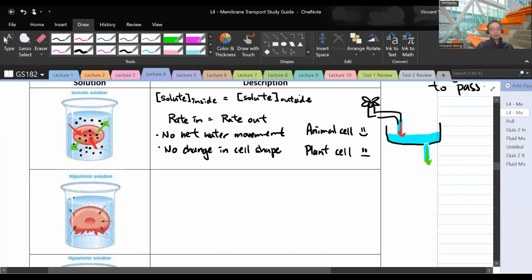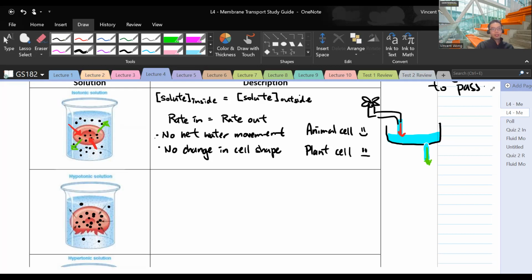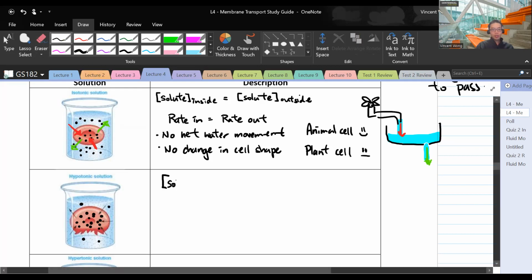The next one shows a hypotonic solution where there is higher solute on the inside compared to outside. More black dots on the inside, right? So the concentration of solute on the inside is greater than the concentration of solute on the outside.